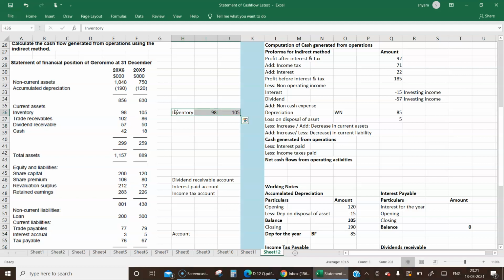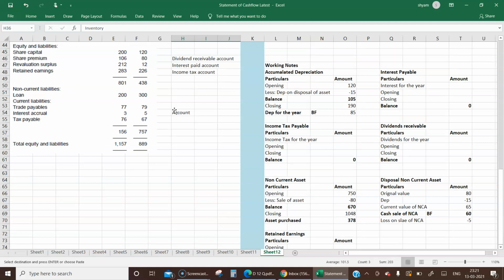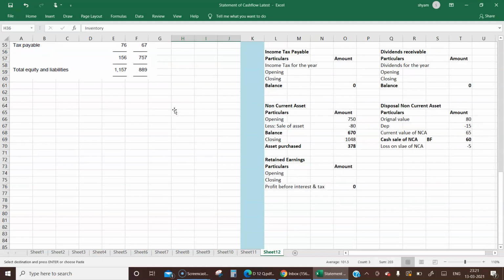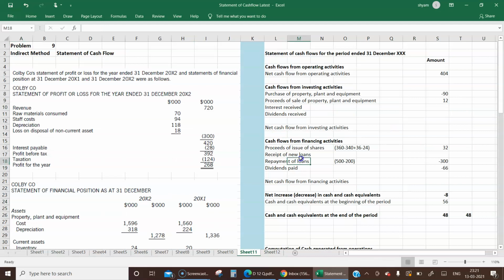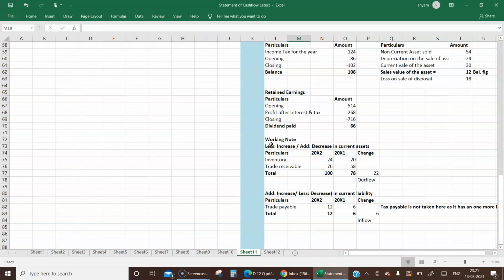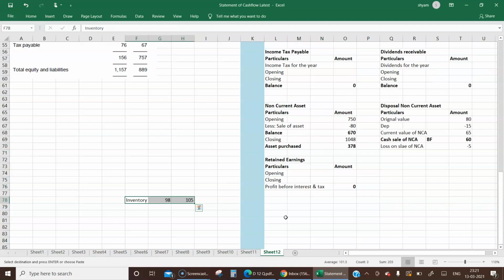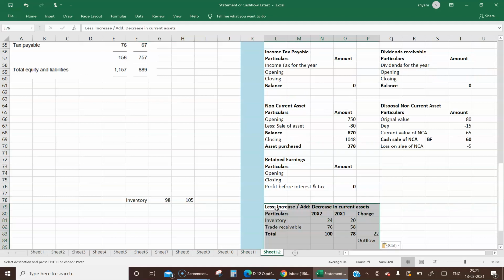So inventory is the only asset increase or decrease, so we have to show that as a working. We'll copy from the last sum. So we have inventory.